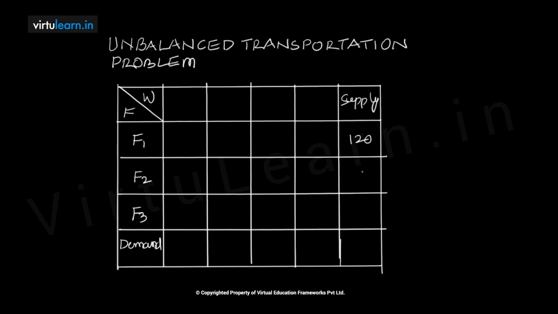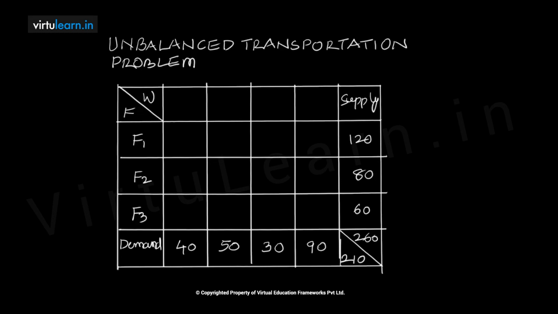Now these are the supplies from 3 factories. Put together it is 260. And now we have the demand. At W1 it is 40, at W2 50, at W3 30, at W4 90.